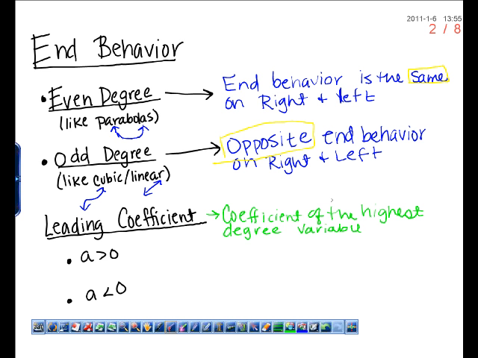So it's whatever that first number is when you write it in the correct order, from highest power to lowest power. I'm going to abbreviate LC for leading coefficient sometimes. So if you ever see that, that's just me saying the leading coefficient.